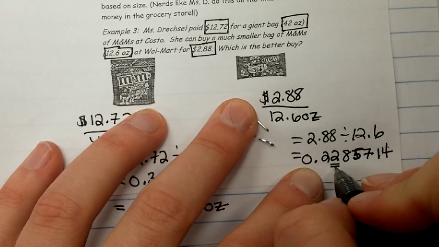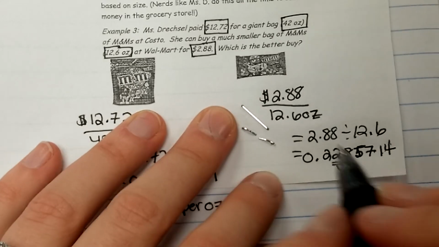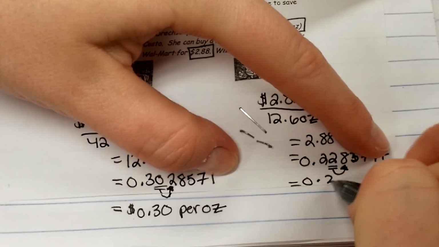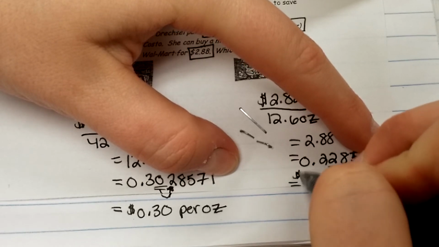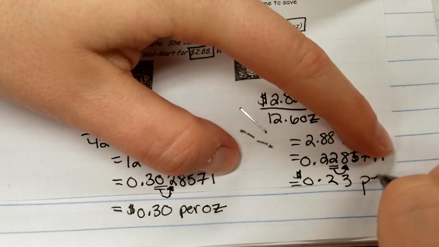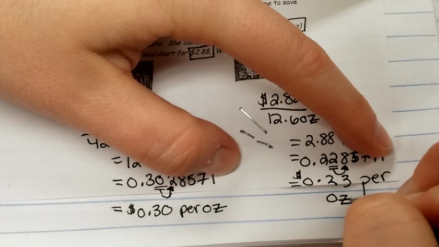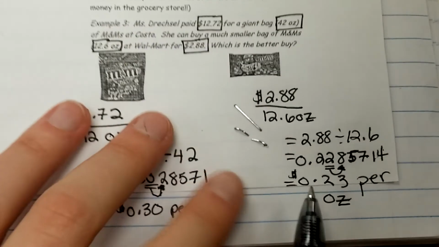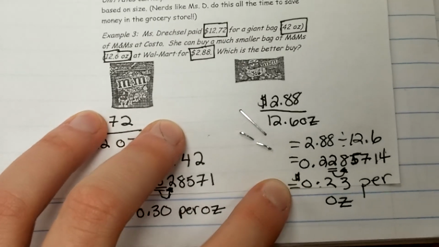So I look at the hundredths place and then 1 to the right. That 8 is going to make the 2 round up to a 3, so I have $0.23 per ounce. So if we want the better buy, we want the cheaper price per ounce. So that's going to be the 23 cents per ounce.